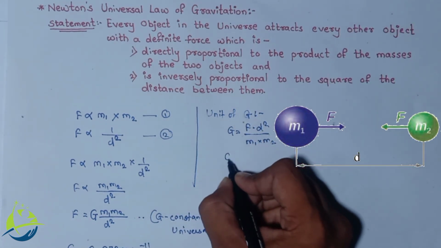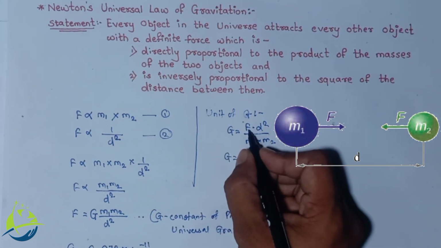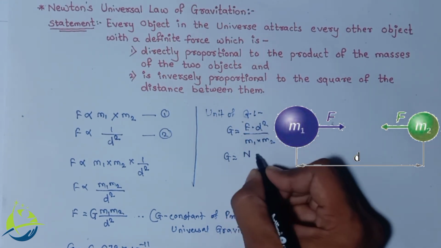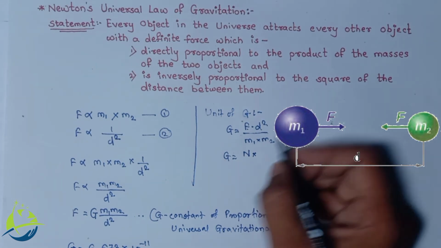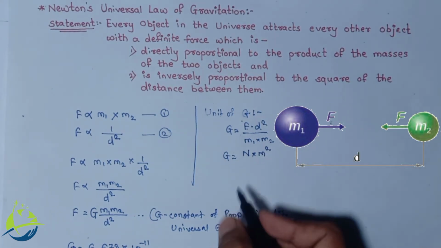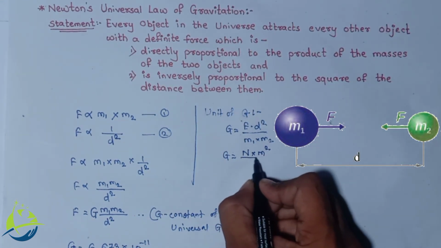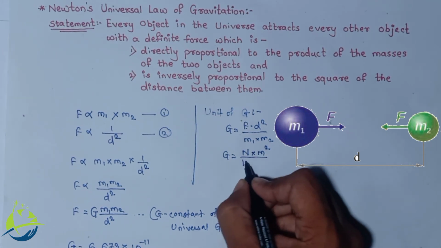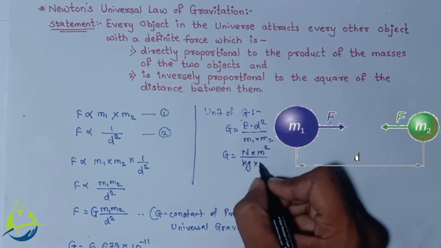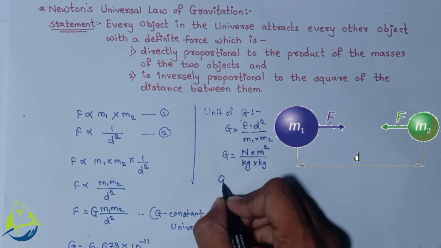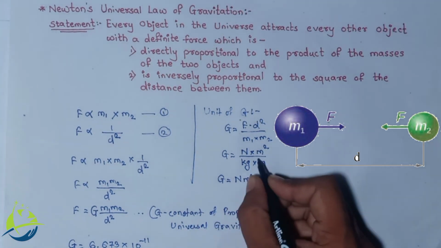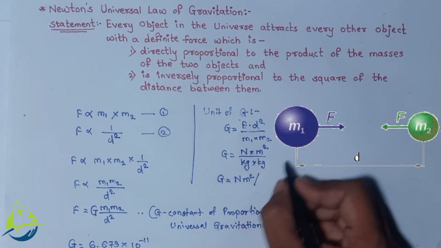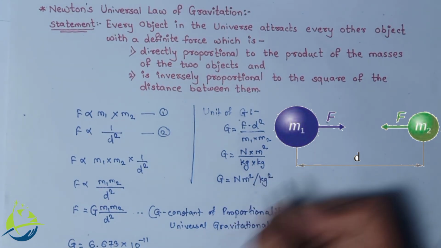Okay, now we know that the unit of F, means force, is Newton, multiplied by the unit of distance, meter, meter square. All these are SI units. Okay, upon mass m1 gives kg and again kg. Therefore the unit of G will become Newton meter square, division sign becomes per, kg into kg, kg square.